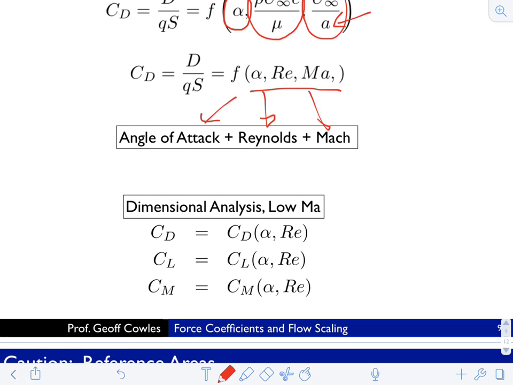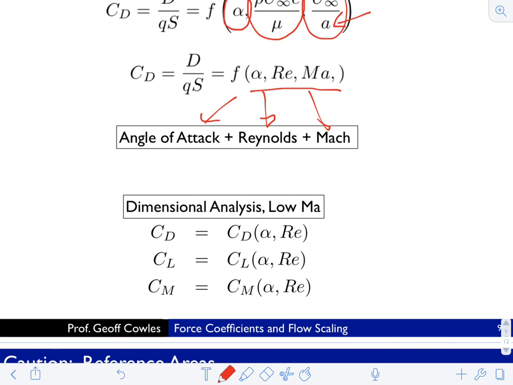As long as these parameters are the same, you have complete dynamic similarity, and CD at full scale in the air is going to be the same as CD in the tunnel if these three variables are controlled, and it's obviously the same geometry. But that's generally speaking not possible. It's not possible to have all three match your conditions for most cases.